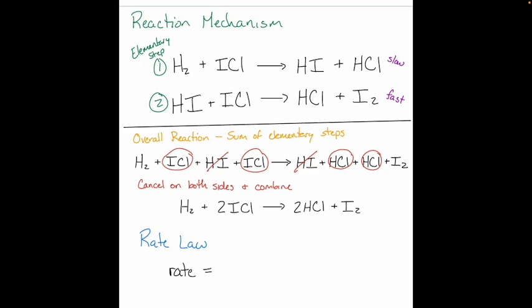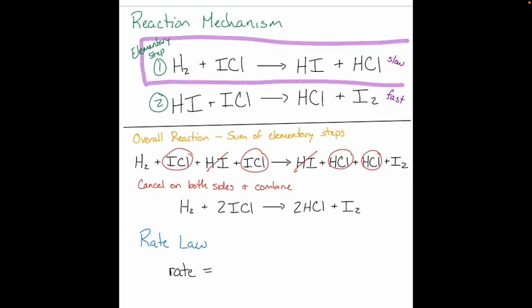All right, so again, I'm going to focus only on that slowest step. That's my rate limiting step. The rate is equal to K, that rate constant, times the concentration of my reactants, H2 times ICl.